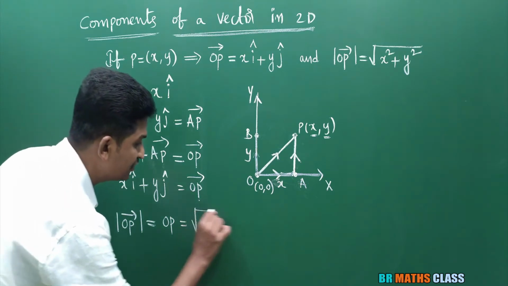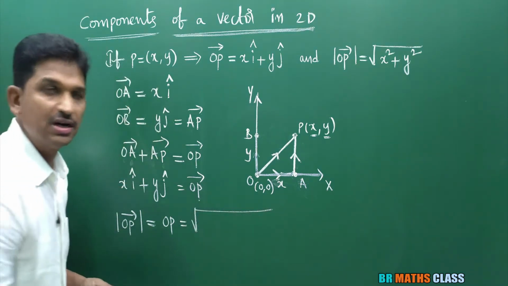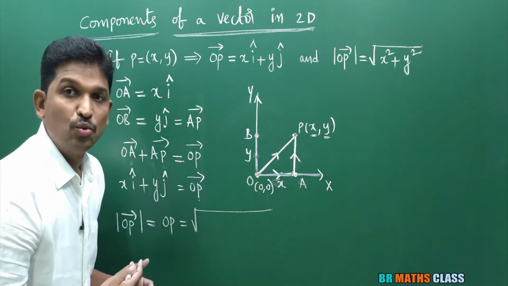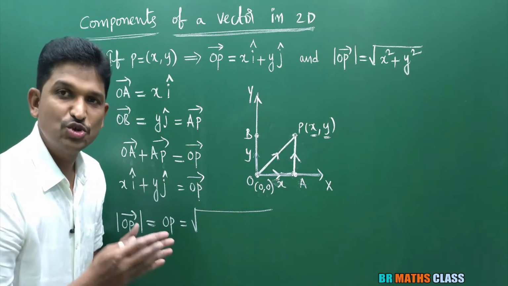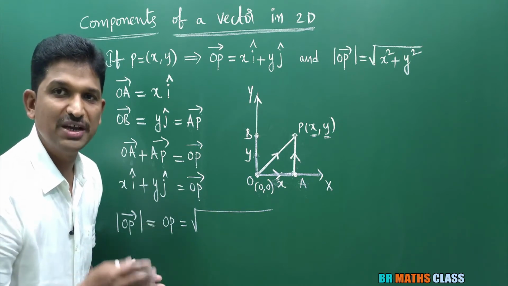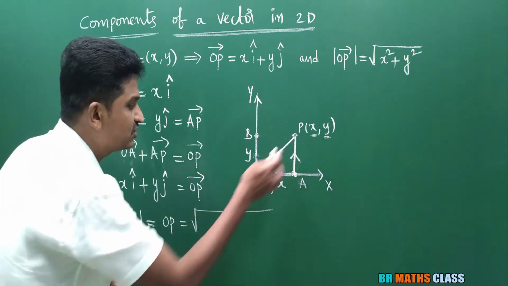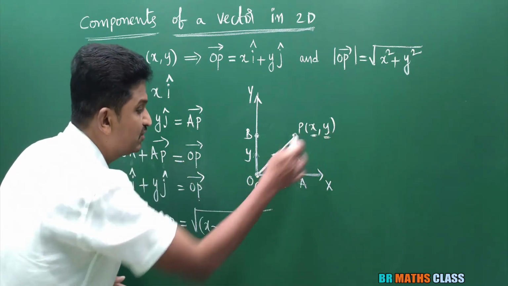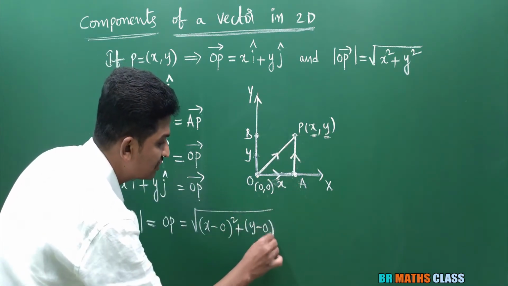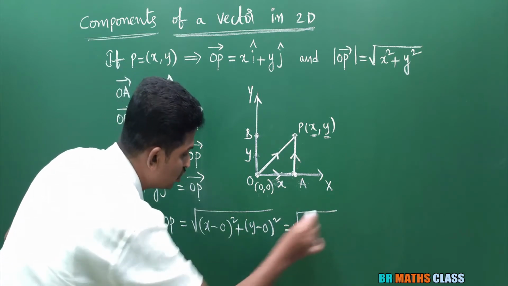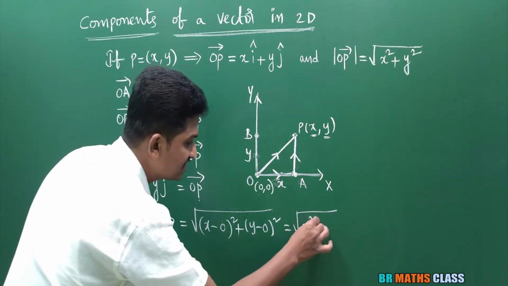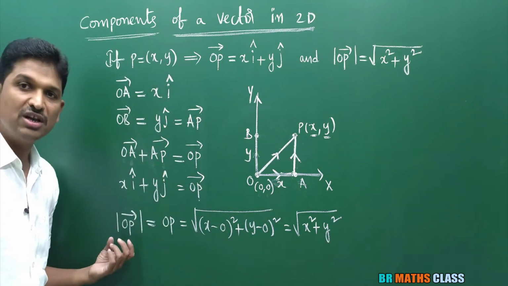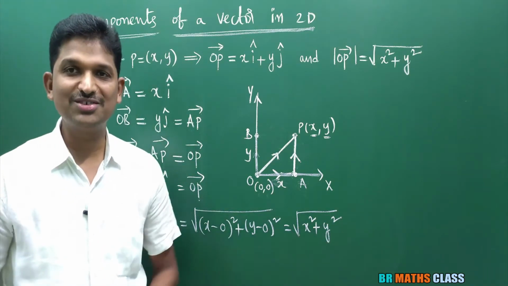Take one point as (x1, y1) and the other as (x2, y2). The distance is root over (x2 minus x1) whole square plus (y2 minus y1) whole square. Here that is (x minus 0) whole square plus (y minus 0) whole square, which equals root over x square plus y square. So the magnitude of OP bar is root over x square plus y square.